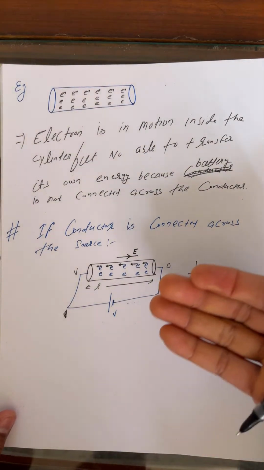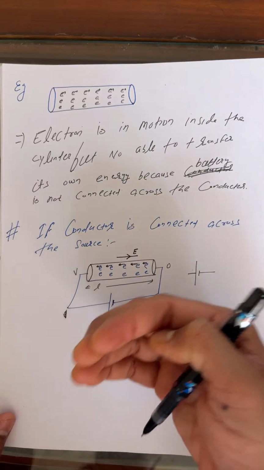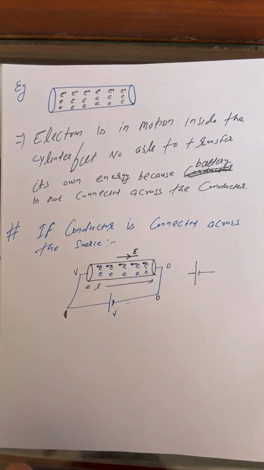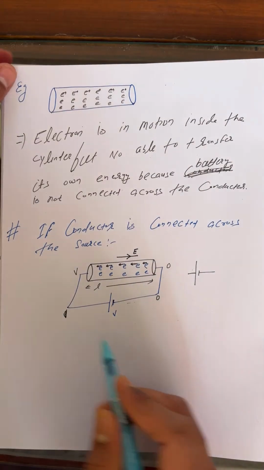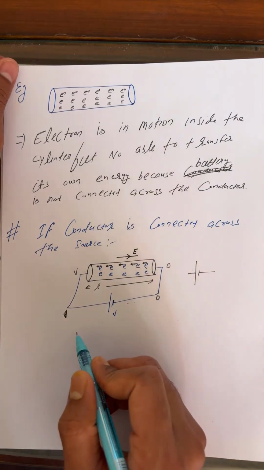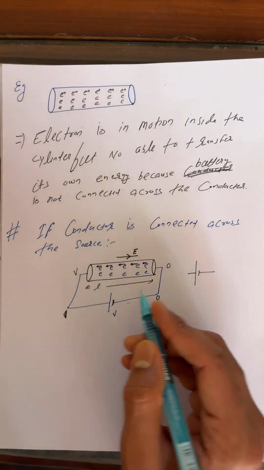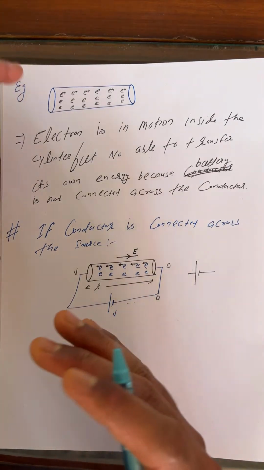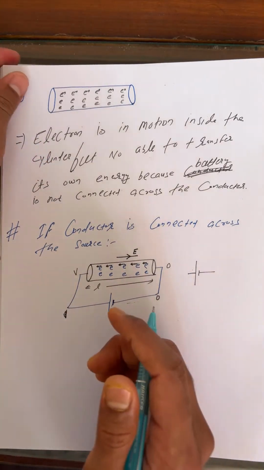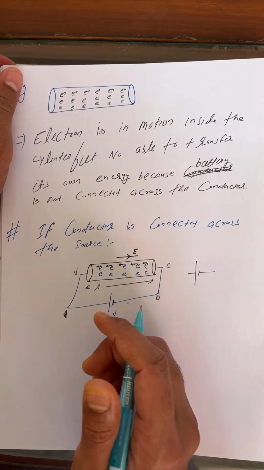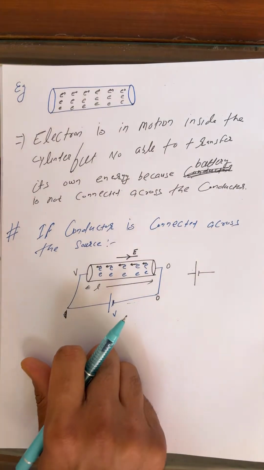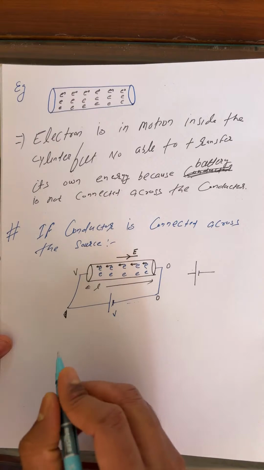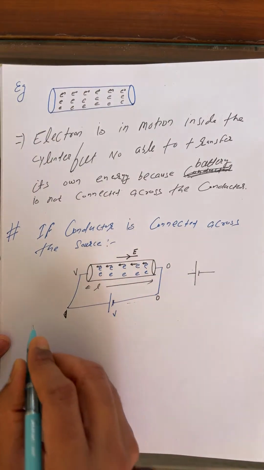As I said, the motion of electron is opposite to the direction of electric field. This is V and this is zero. Electron moves from low to high potential and current is opposite. Good, God bless you, dear. I'm very happy to see that.